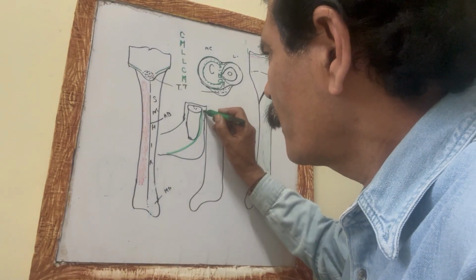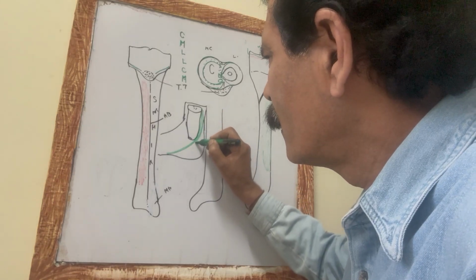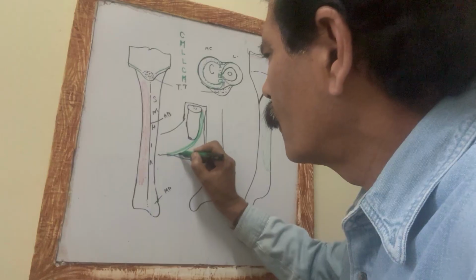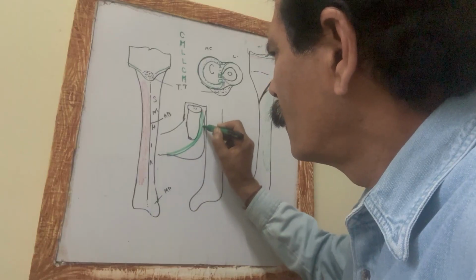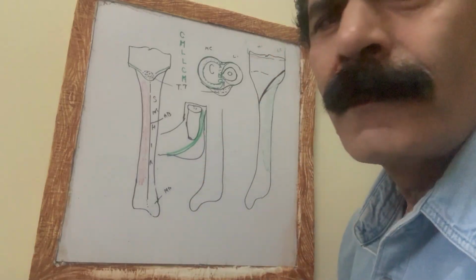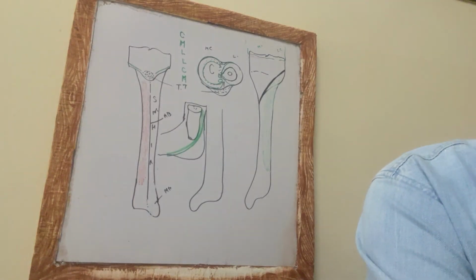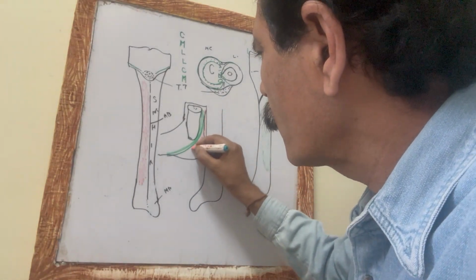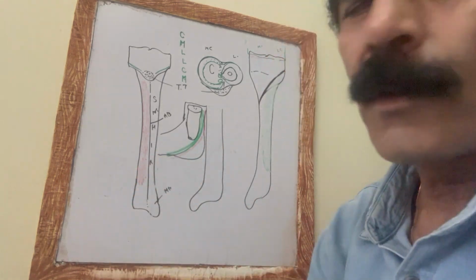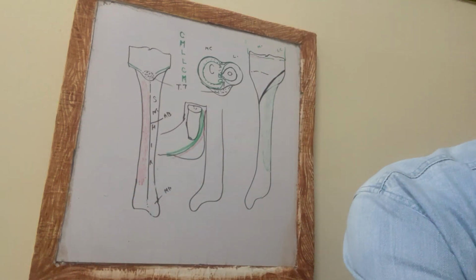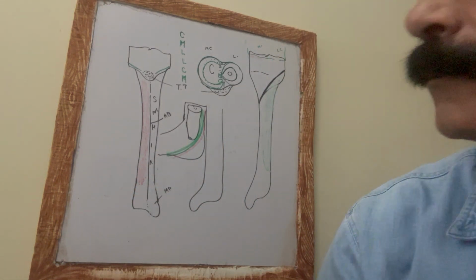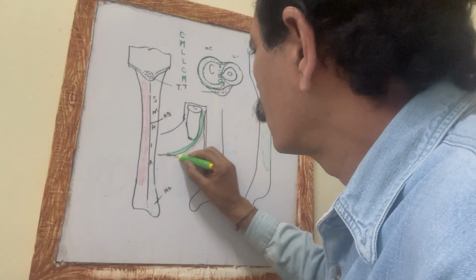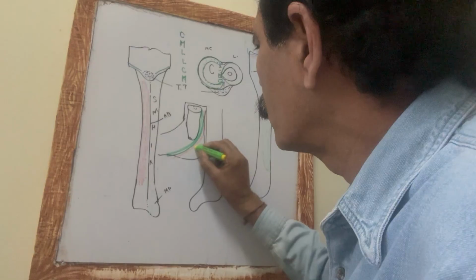Then the second structure that passes behind is the flexor digitorum longus. It goes into the sole of the foot. Then comes the posterior tibial artery. In third position, the posterior tibial artery enters the sole of the foot from the posterior compartment. And then the fourth structure is the nerve, the tibial nerve.